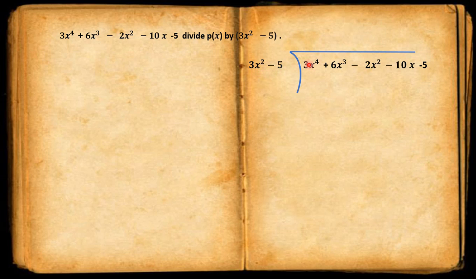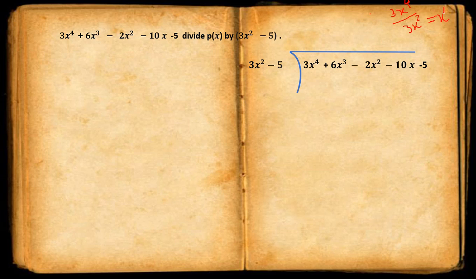For dividing this, as rough work, 3x raised to the power 4 divided by 3x square: 3 and 3 cancel out, and the exponents give 4 minus 2, so we get x raised to the power 2.